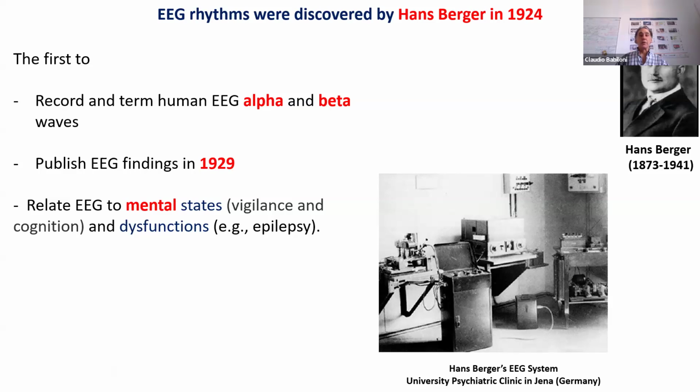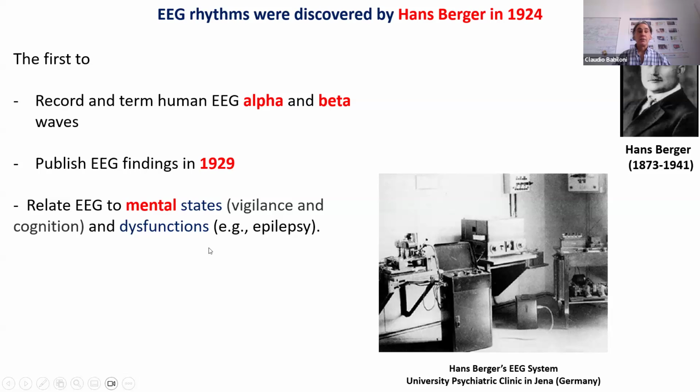Electroencephalographic rhythms were discovered by Hans Berger in 1924, the date of the first recording of human EEG activity. Hans Berger was a German psychiatrist, and you can see in the picture the first EEG recording system.